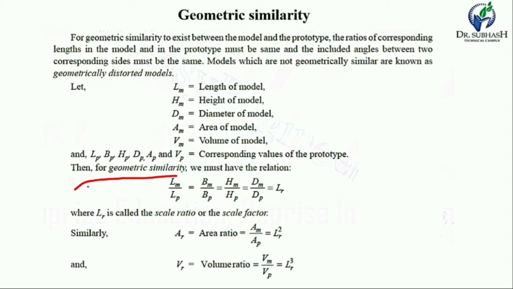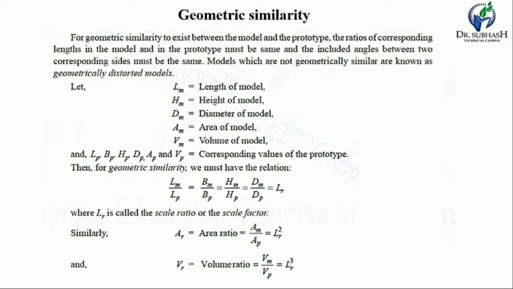For geometric similarity, we must have Lm upon Lp, the ratio of length of model to length of prototype, equal to the ratio of width, the ratio of height, and the ratio of diameter of model to prototype, and these are constant. All the ratios must be constant.